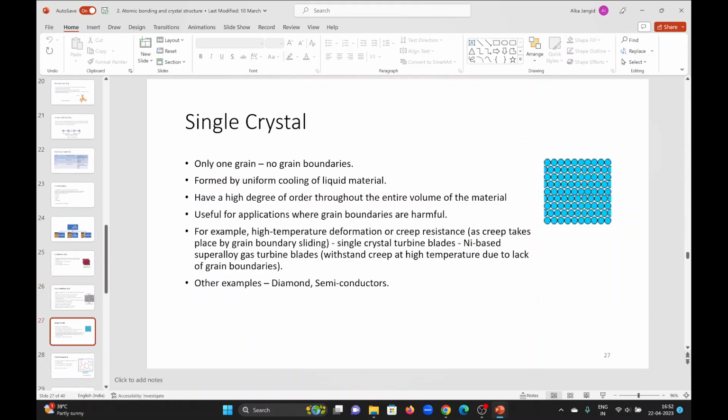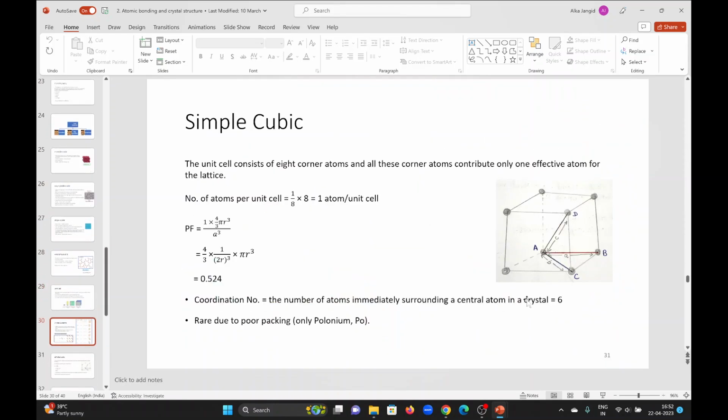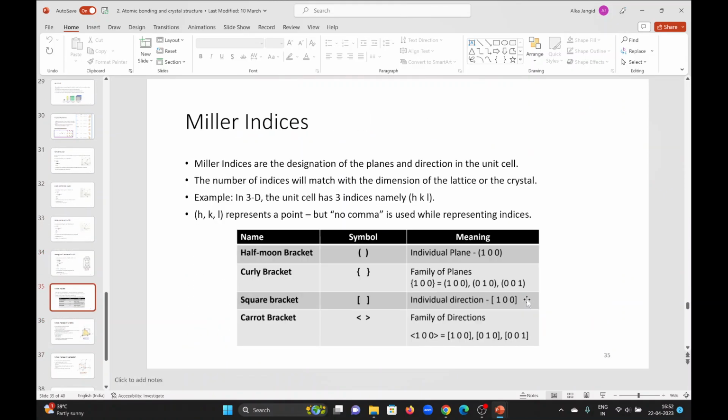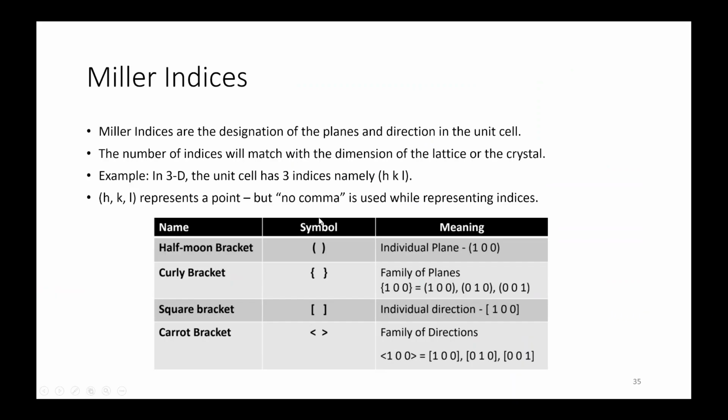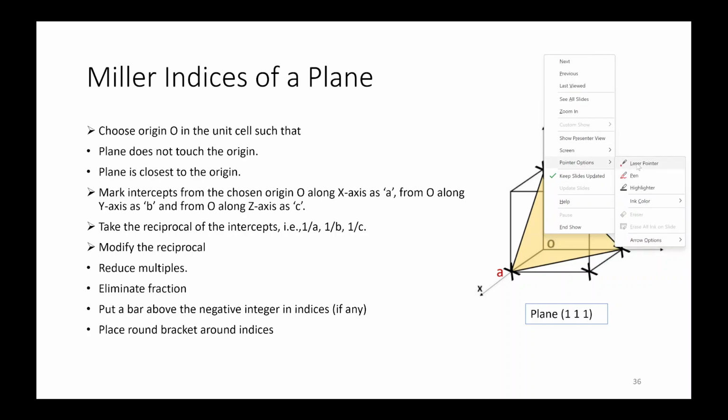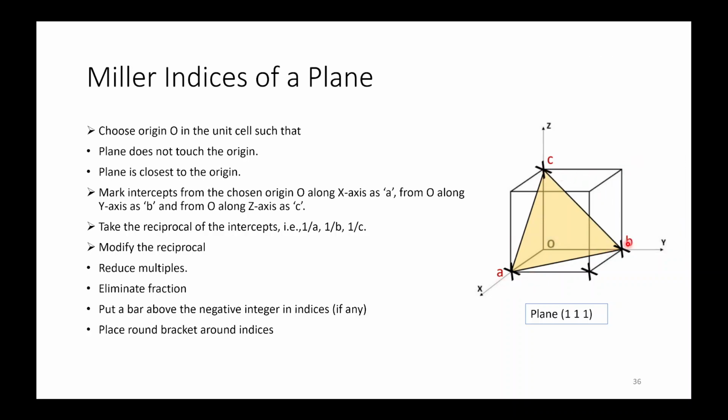Where I have told regarding these Miller indices, I'll go through them. How to calculate Miller indices. If you have to find out a plane, and it is crossing the axes at points A, B, C, then you have to first find its reciprocals.